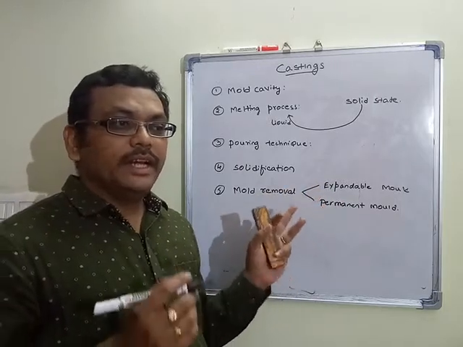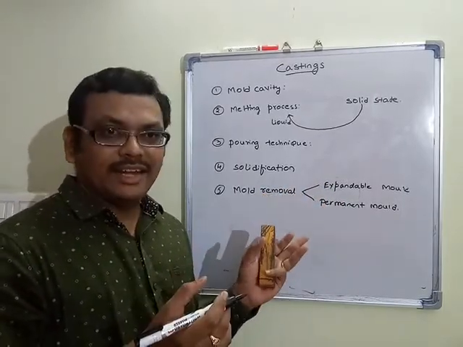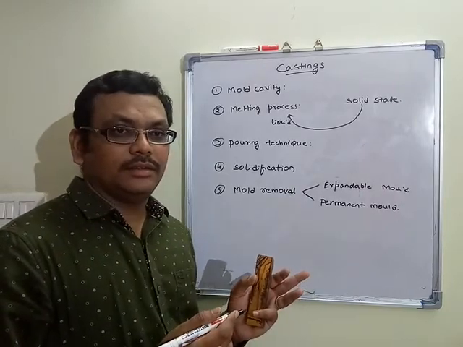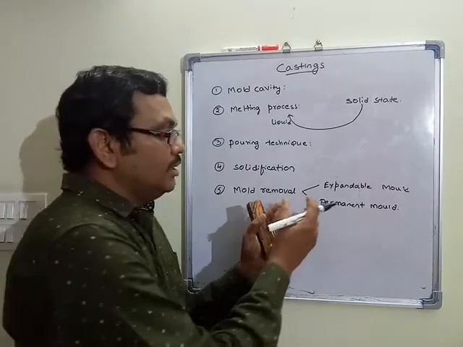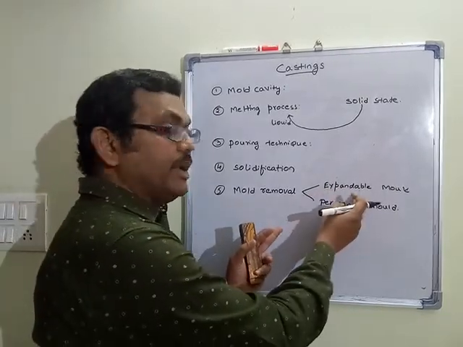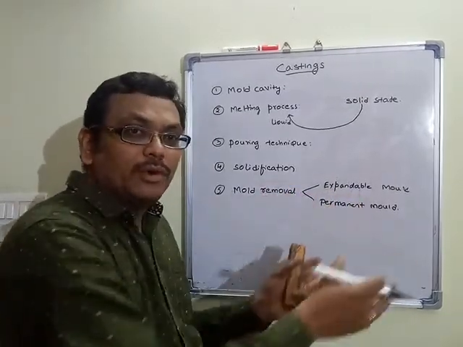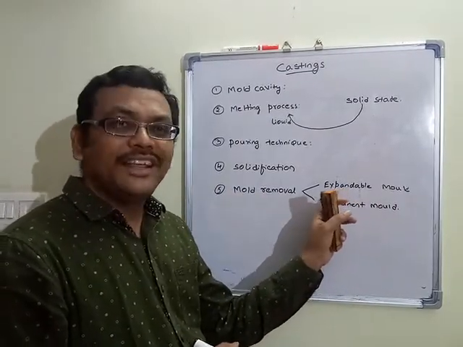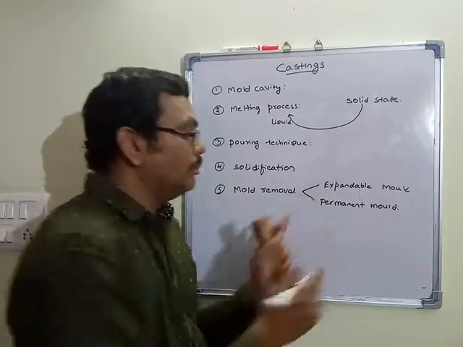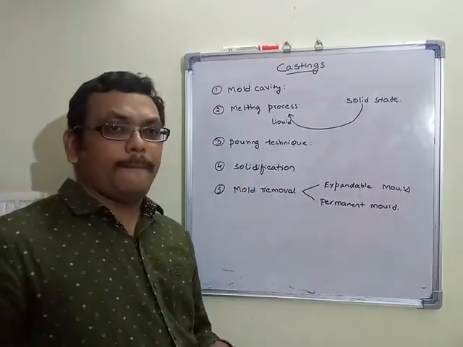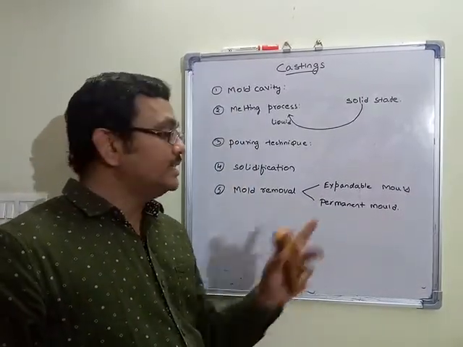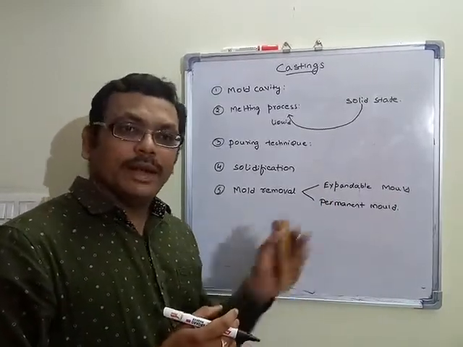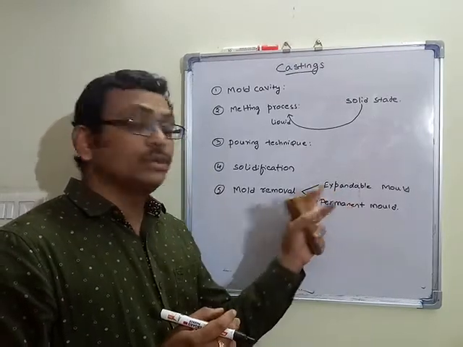Expandable mold means it is made up of sand, plastic. In this expandable mold we can break the mold and pull out the casting part. It is non-reusable. We can't reuse this mold because it is made up of some porous material like sand, fiber, plastic. It is used only once.